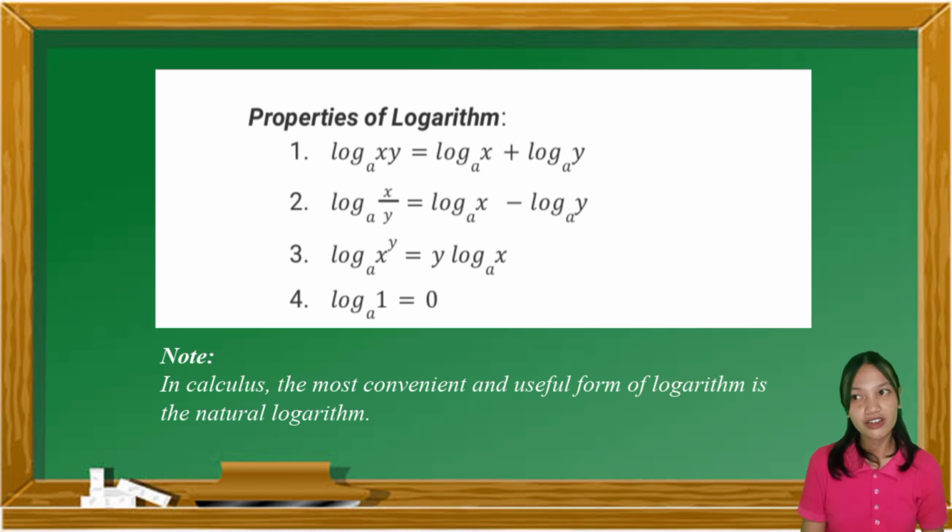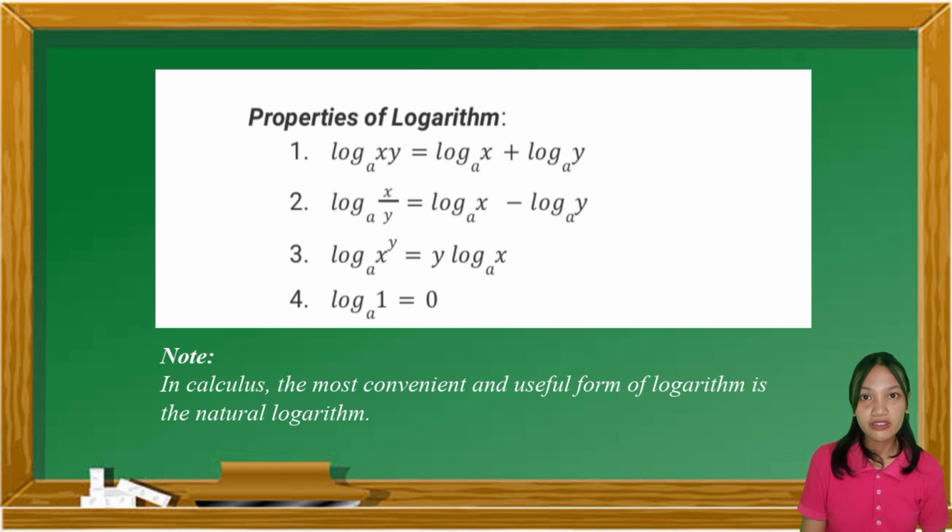These are the same as the basic laws of exponents, but the difference is that this is a logarithm. Number 3. Logarithm of base a of x raised to y is equal to y multiplied by logarithm of base a of x.